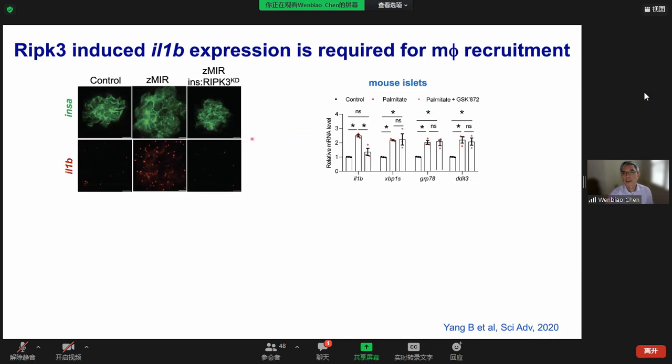So using palmitate as the ER stressor, we found that in the presence of GSK871, the RIPK3 inhibitor, IL-1 beta induction is suppressed, and that does not affect the ER stress markers.